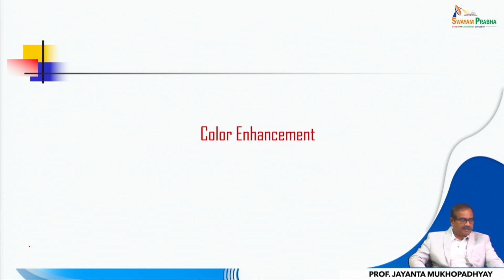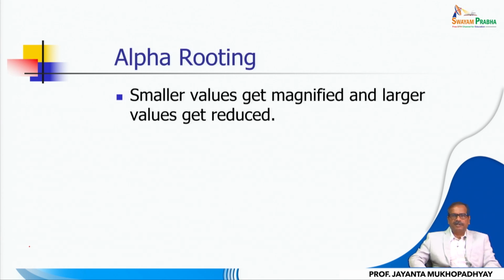We have also discussed color enhancement earlier, but let us see how you can do it in the compressed domain. One feature of the compressed domain, which I mentioned earlier, is that if I arrange the DC coefficients, that means the zero frequency element of each DCT block, in the same spatial order, you get an image downsampled by the block size in each direction. Those are representative of the low resolution image.